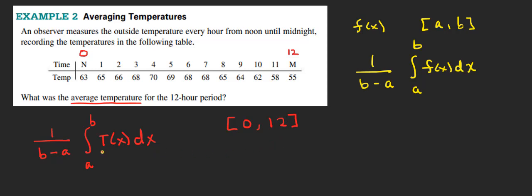Now the question is, how are we going to get the integral of t of x from a to b? We have no function t of x. What's given is a table. So we're going to estimate this integral using the trapezoidal rule.